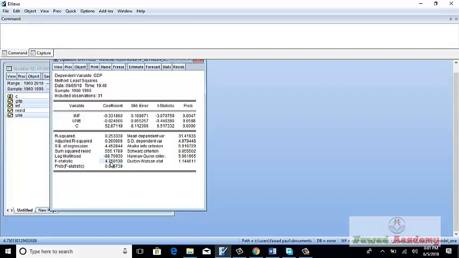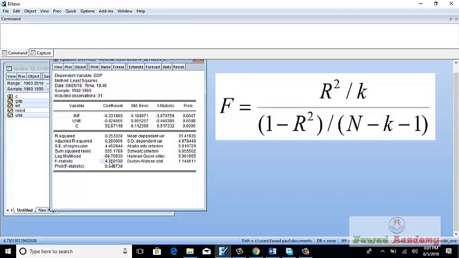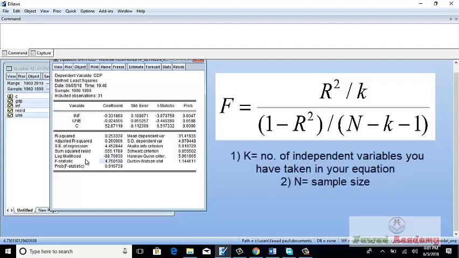If we look at the formula of the F test, it indicates that there is a positive relationship between F and R square. If the R square increases, the F statistic also increases. K indicates how many independent variables you have in your estimated equation.